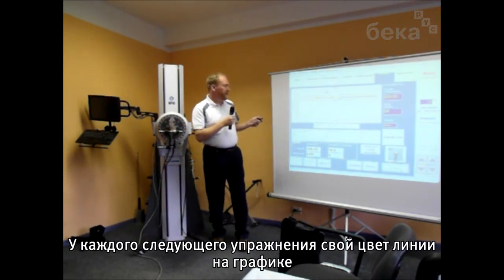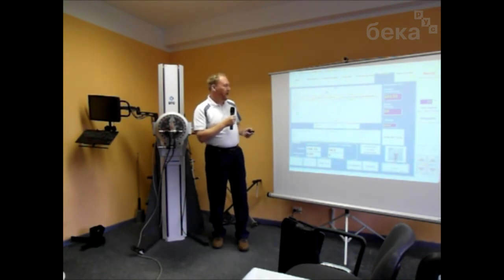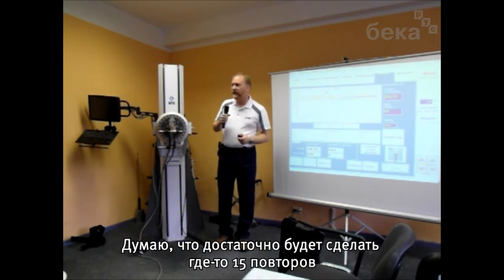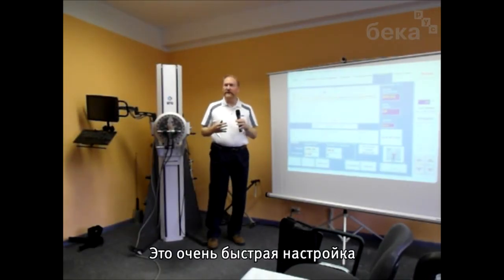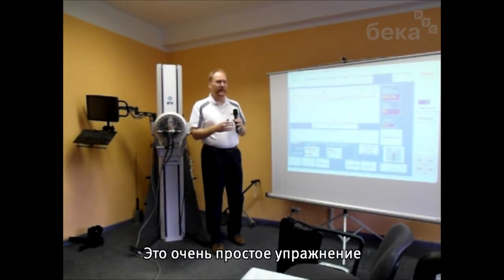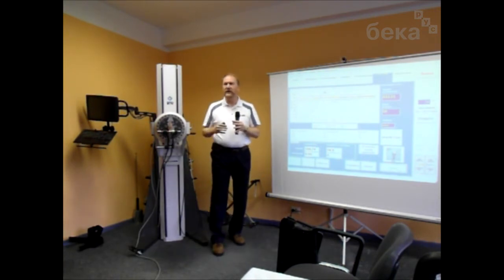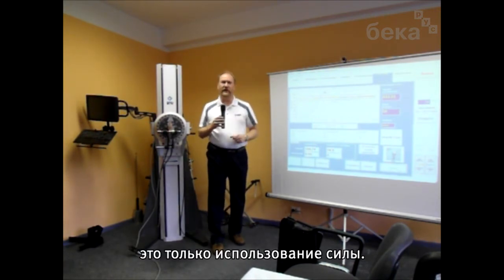Each trial is represented by a different colored graph, and it will let you do, I think, a maximum of 15 trials. So it's a very quick setup, and it's just a simple exercise. There's no motion in the tool. It's just strictly force output.